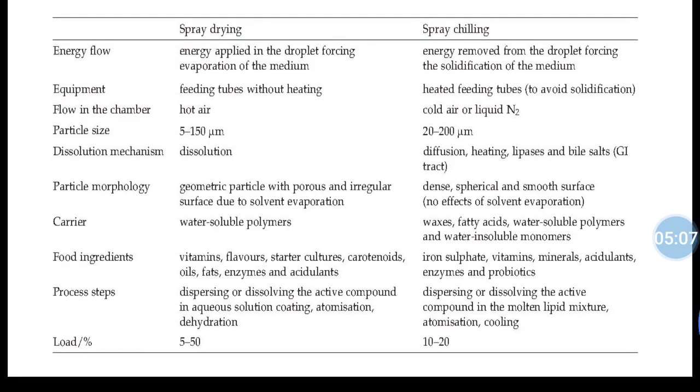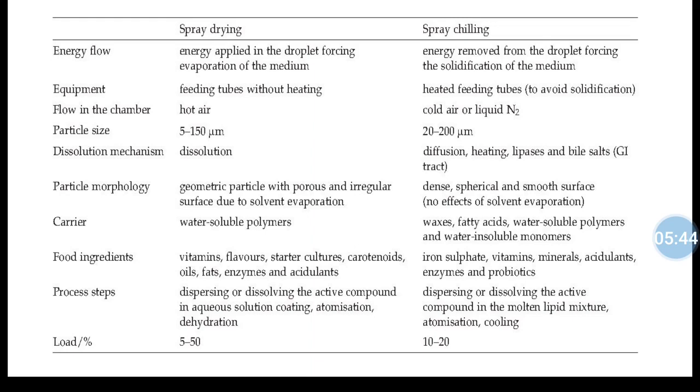Other methods are spray drying and spray chilling, which is also known as spray congealing. These two methods are similar in that the coating material is sprayed over the core material, but the difference is that in spray drying, hot air is supplied to keep the coating material molten, whereas in spray chilling or spray congealing, cold air is supplied to cause rigidization of the coating material.